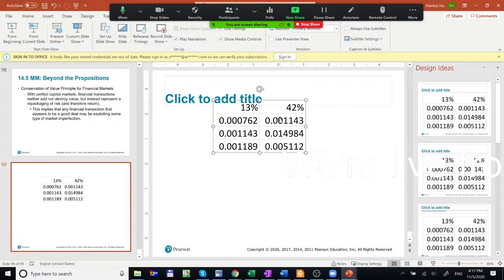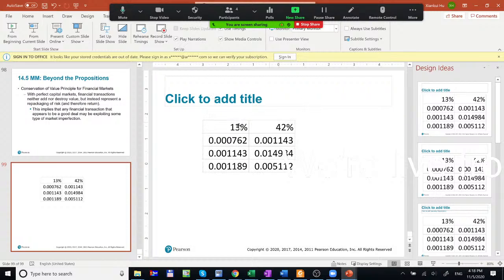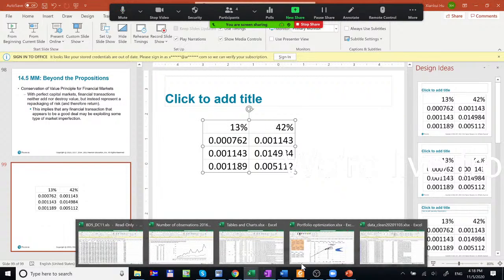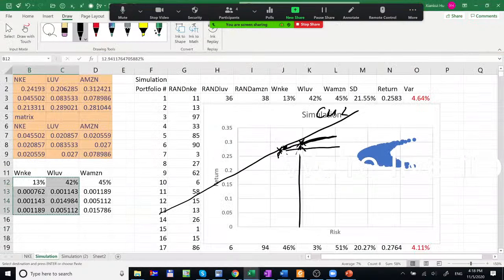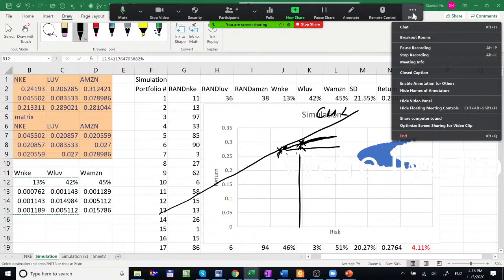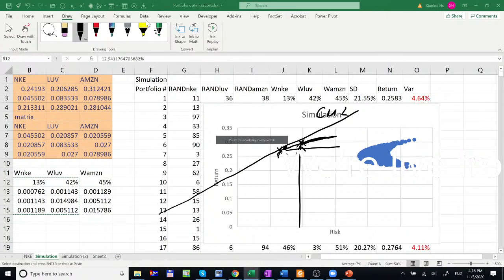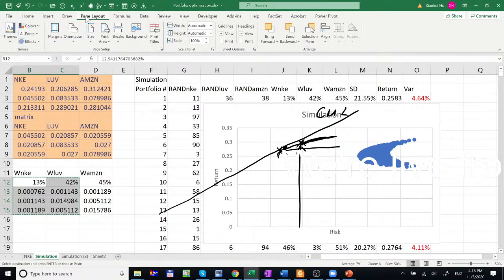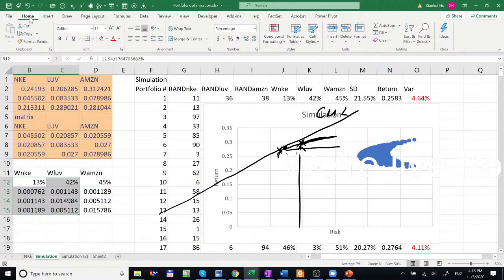So this is not what you want. You want the column headings and row headings. So we go back. We go to somewhere here. Here, and here we say print. Okay. And now we go to home.